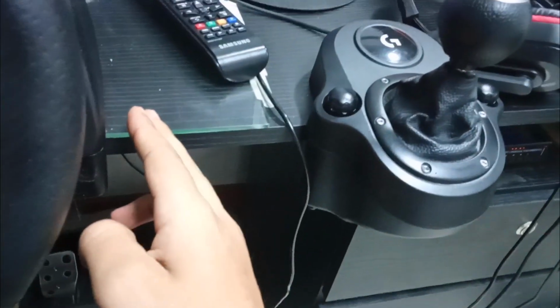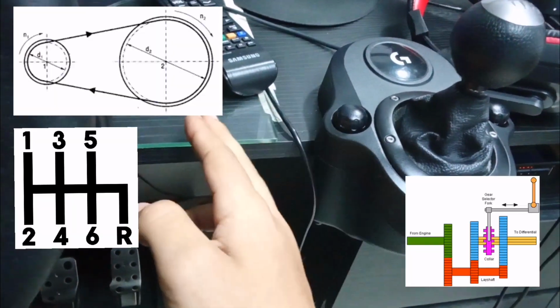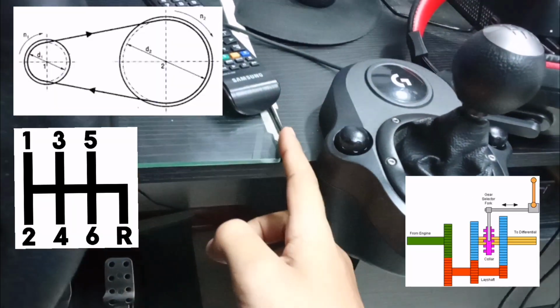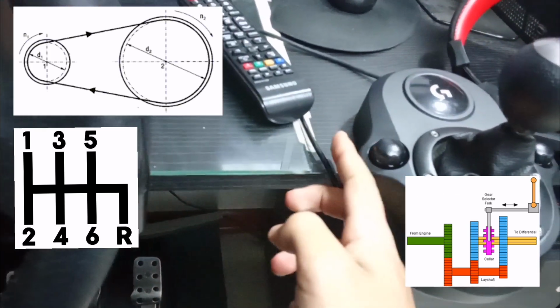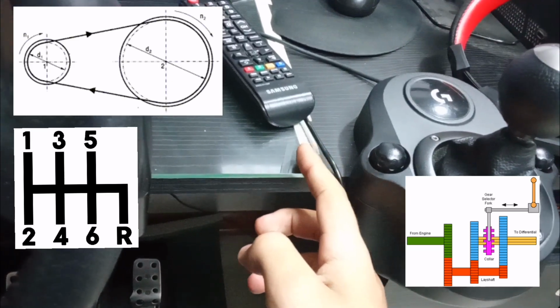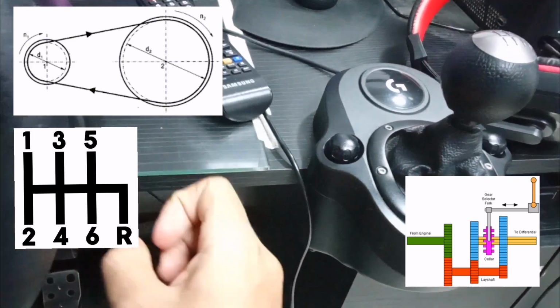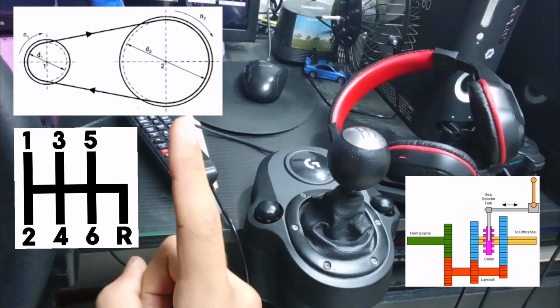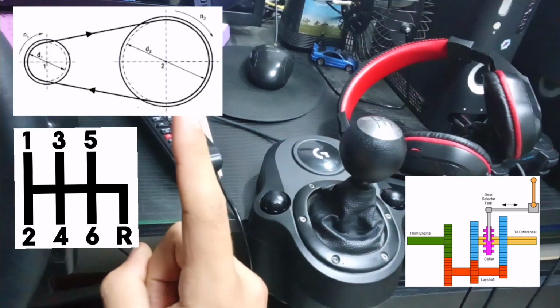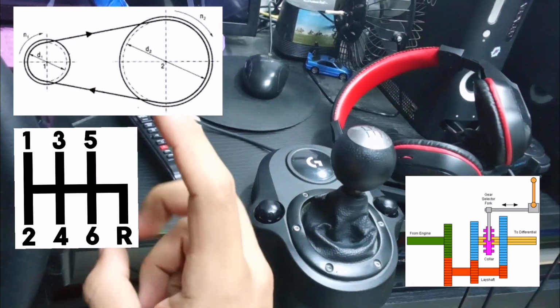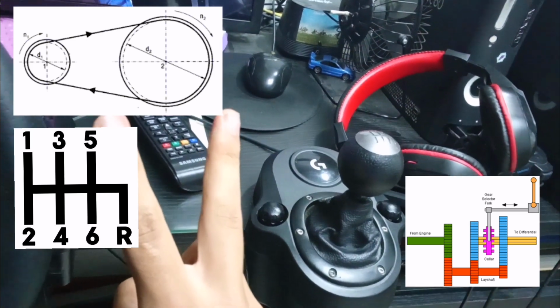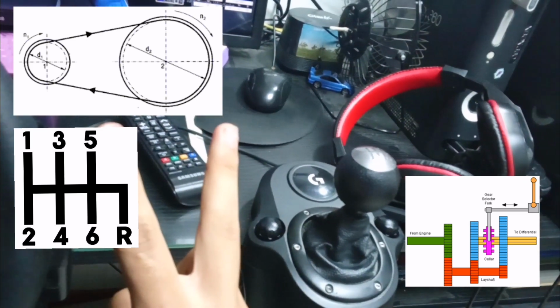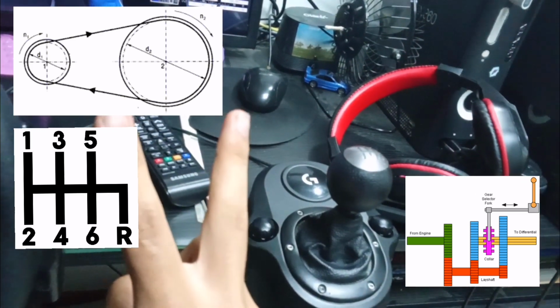While we move forward from 1 to 6, we will be changing to have more speed. For example, the first gear has a lot more force than the second gear. The second will have force, but will be faster than the first gear.